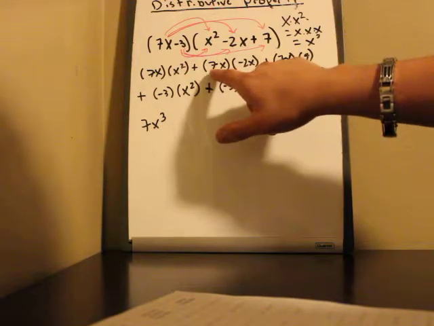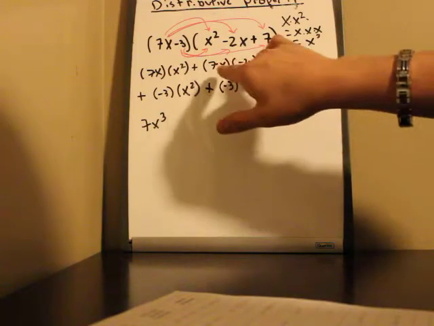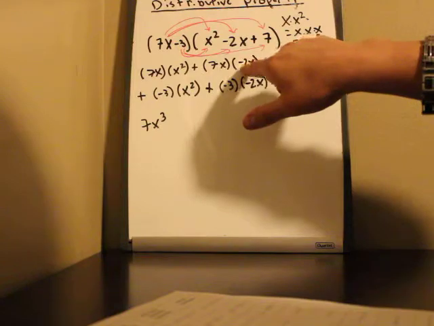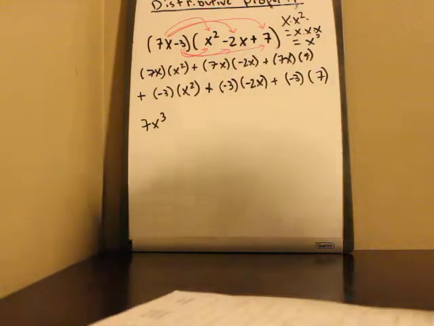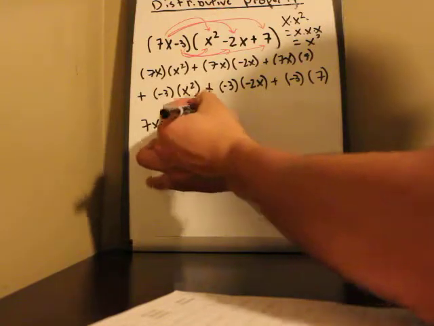Now we have 7 times -2, which is -14, but we're also multiplying x times x. We know x times x is x squared, and -2 times 7 is -14. So we're going to get -14x squared.